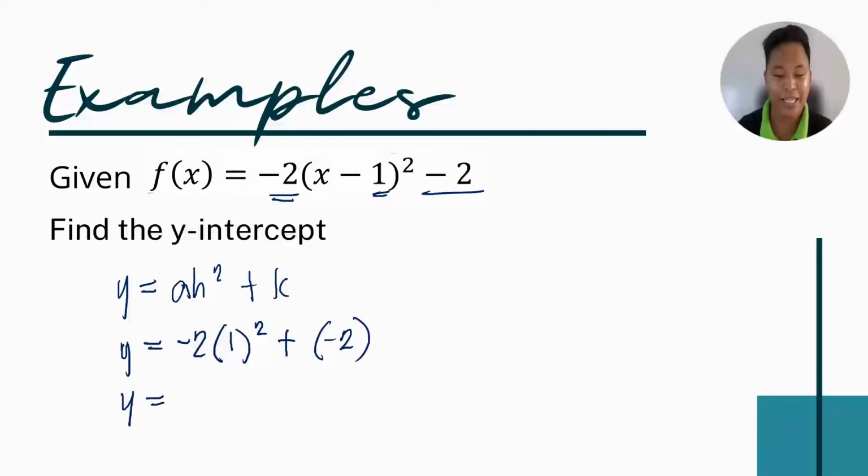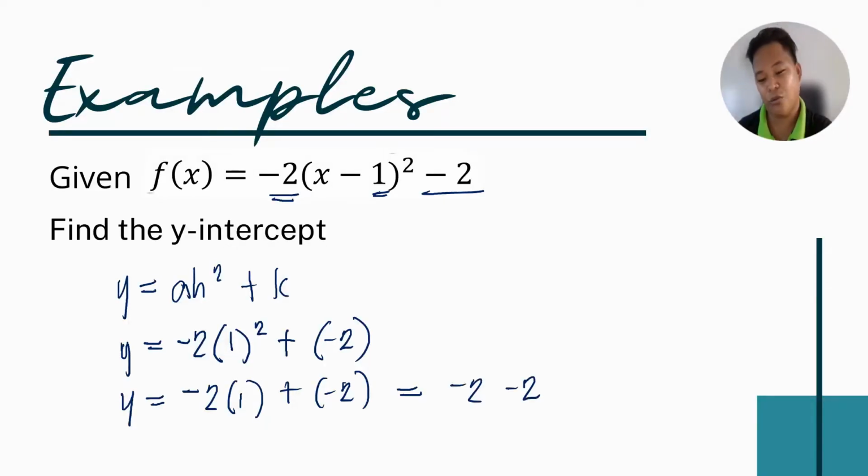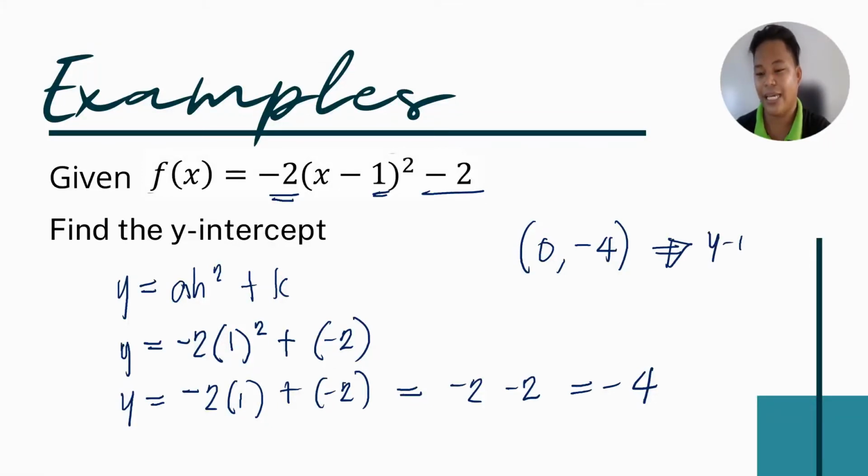Simplifying, we have y is equal to negative 2 times 1 squared is equal to 1, and plus negative 2. Therefore, y is equal to negative 2 minus 2, which is equal to negative 4. And we have the coordinates 0, negative 4 for our y-intercept.